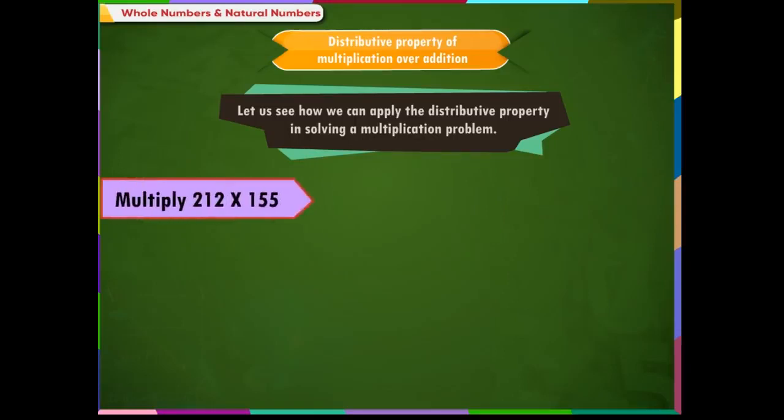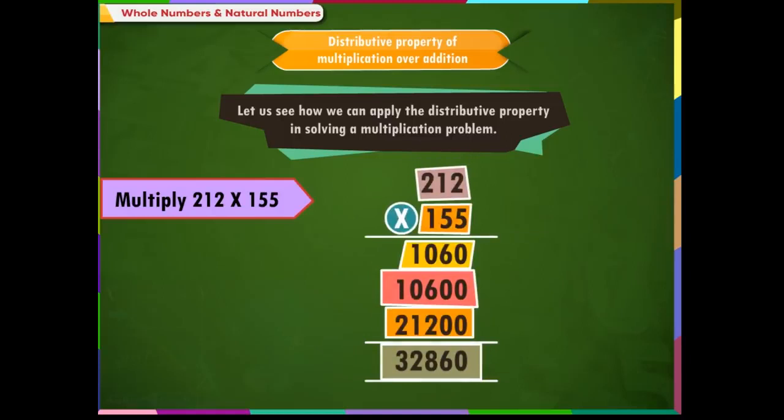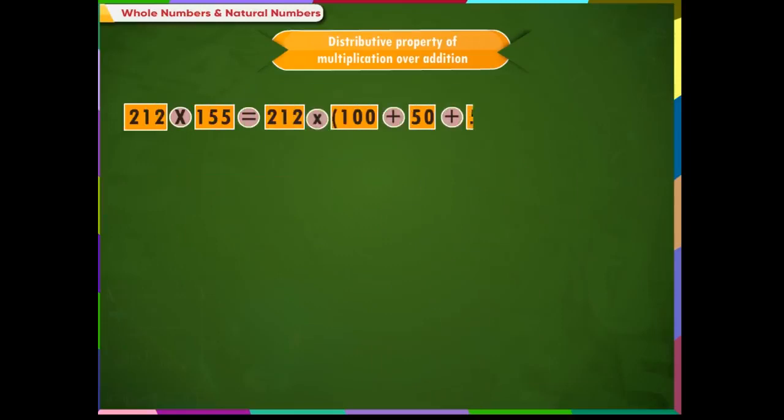Multiply 212 into 155. We are already aware of the usual way of multiplying two numbers. The other way is by using the property. We can break the number 155 into three parts as 100, 50 and 5, which we can write inside the bracket.